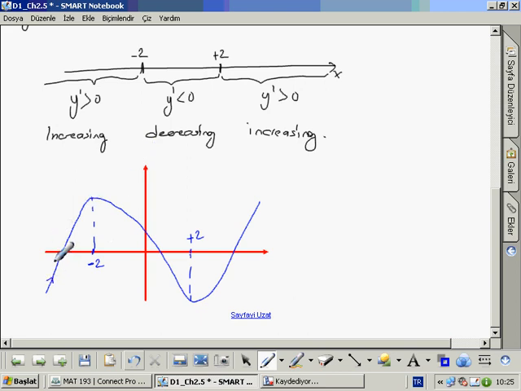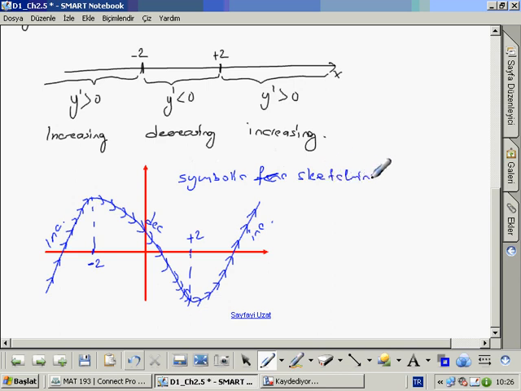As you see, from -infinity to -2 this function is increasing, and from -2 to +2 our function is decreasing. After this point, from +2 to +infinity, our function is increasing again. That's the symbolic sketching of the y function.